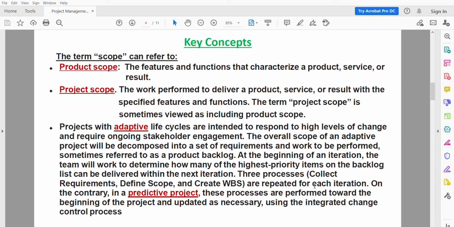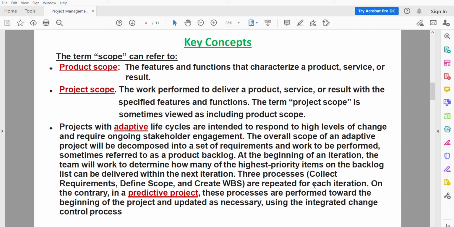While the project scope is the work itself performed to deliver a product, service, or result with the specified features and functions. So the term project scope is sometimes viewed as including the product scope.